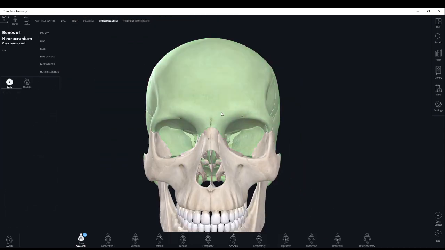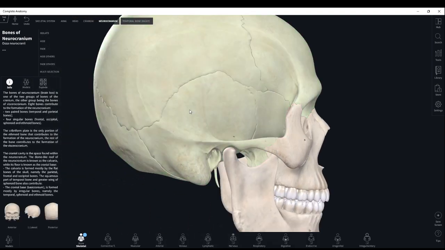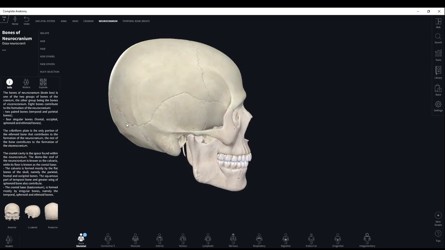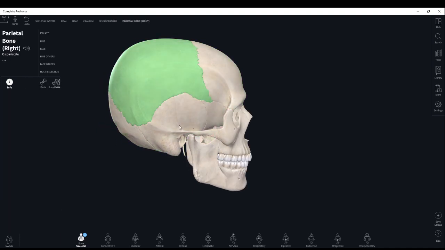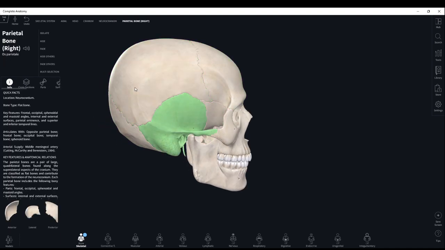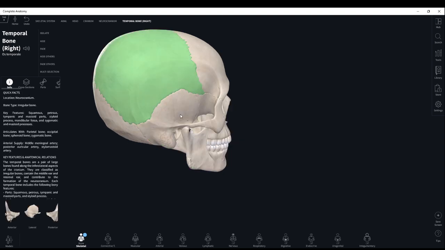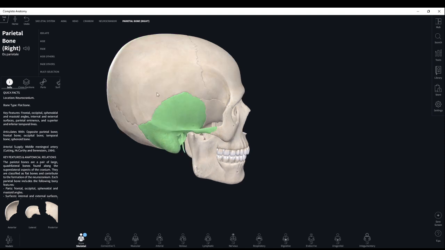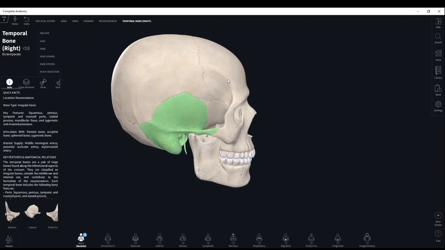Neurocranium consists of paired and unpaired bones. The two paired bones are the parietal and temporal bones.